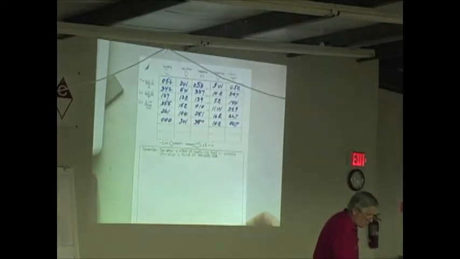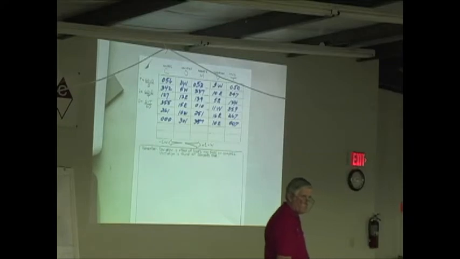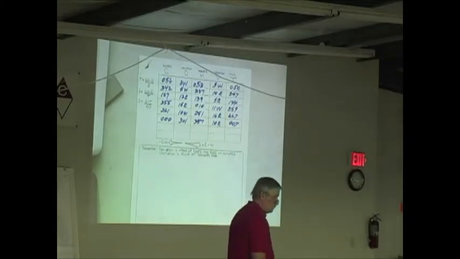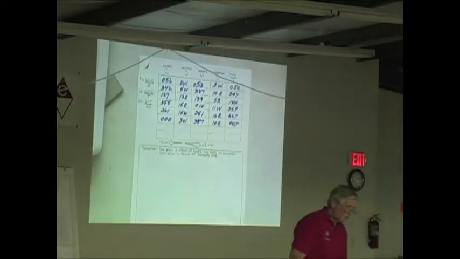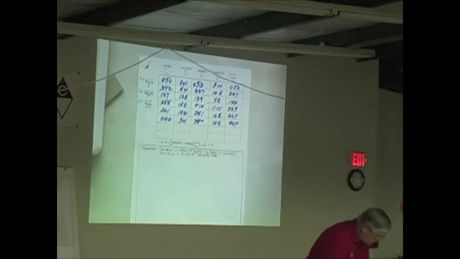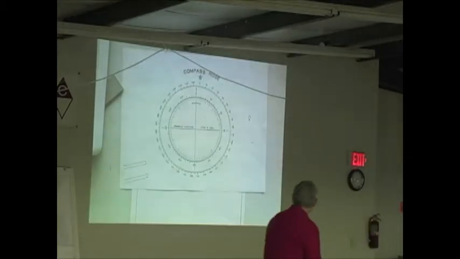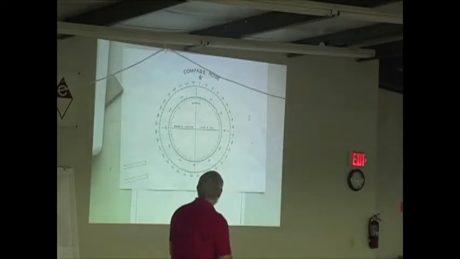Hey, John. I'm not 100% on that. Like on the variation, how do you figure, is that already written down in the variation numbers? Variation's what you pull off the chart. It's right there.